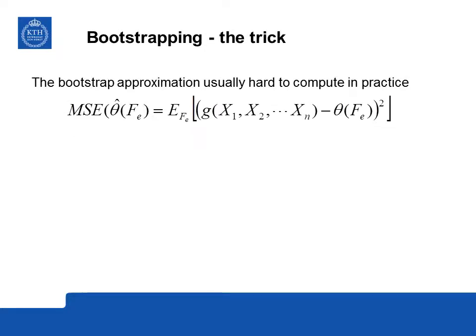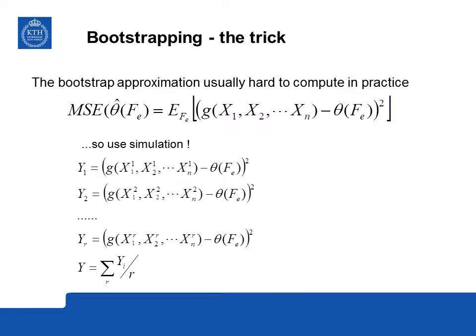In practice, it may sometimes be difficult to actually make this computation of the expectation. So why not use simulation? So what we do is that we first use all our data to approximate the distribution F to get this cumulative histogram.